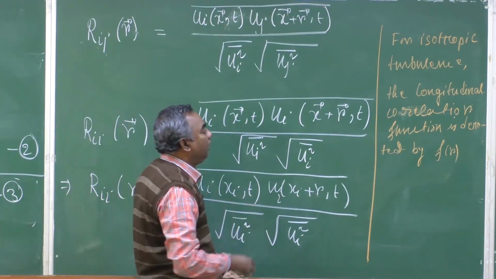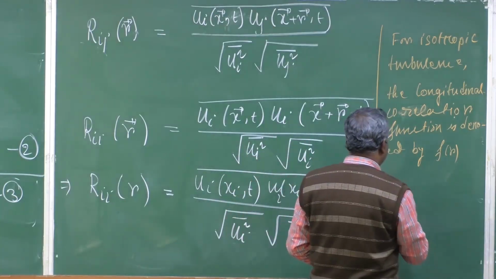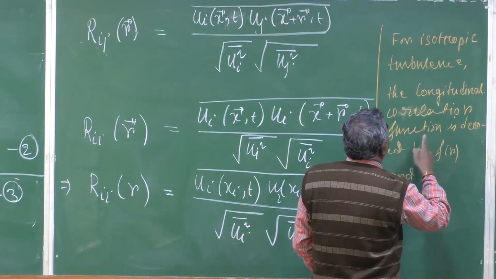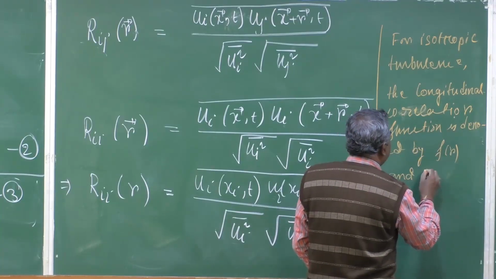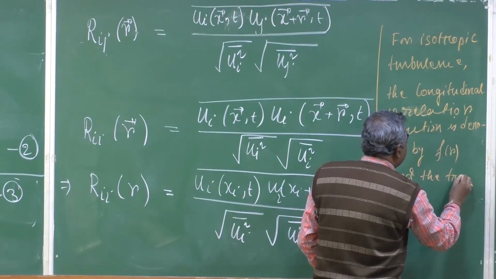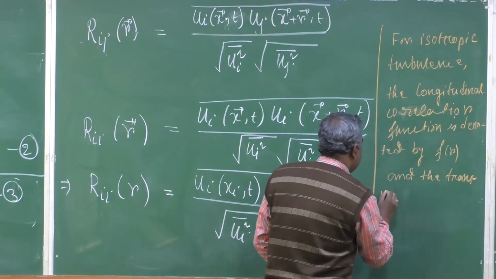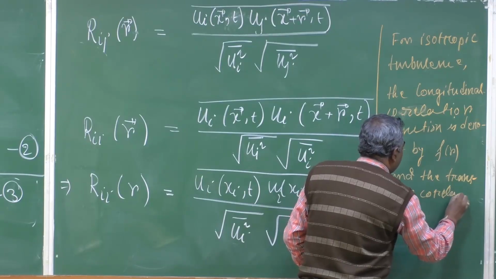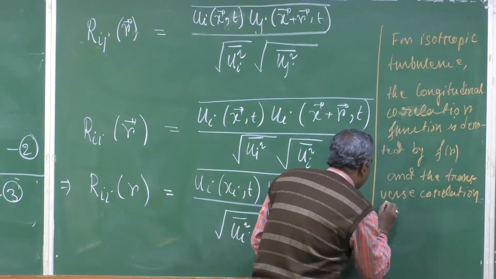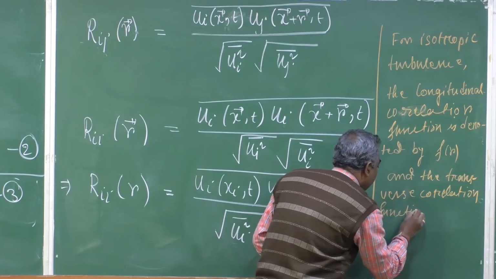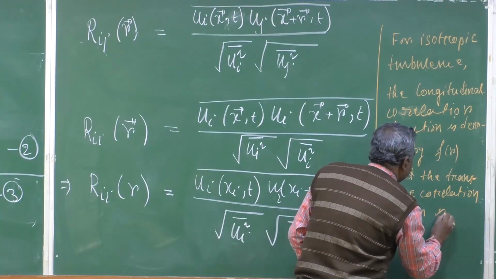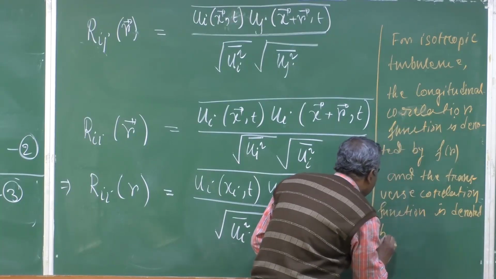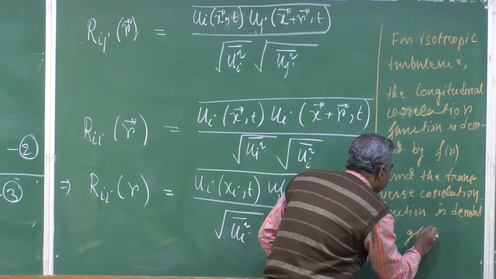And the transverse correlation function is denoted by g of r.